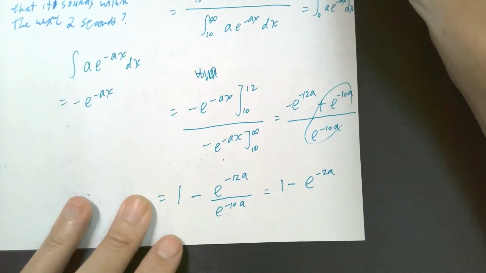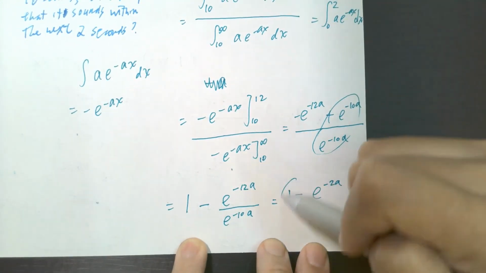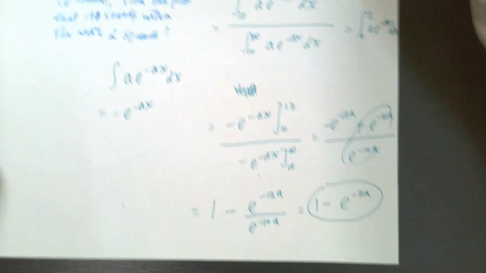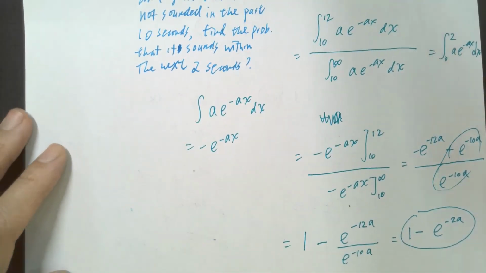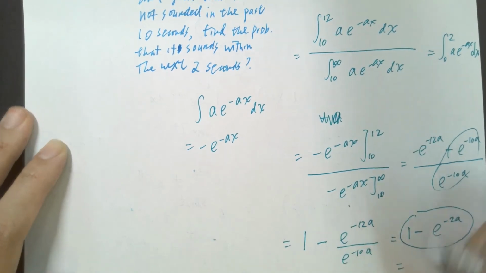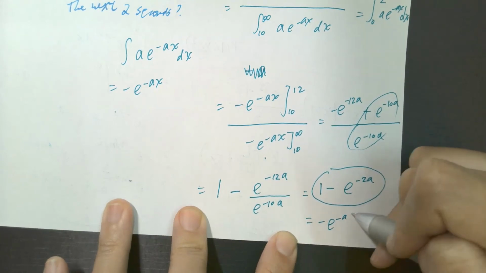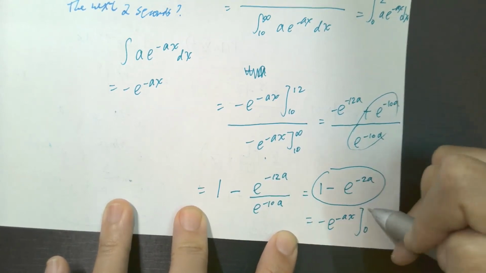So what is this equation saying? What does this area represent? First of all, we recognize that when x is equal to 2, this is really negative e^(-ax), where you go from 0 to 2.